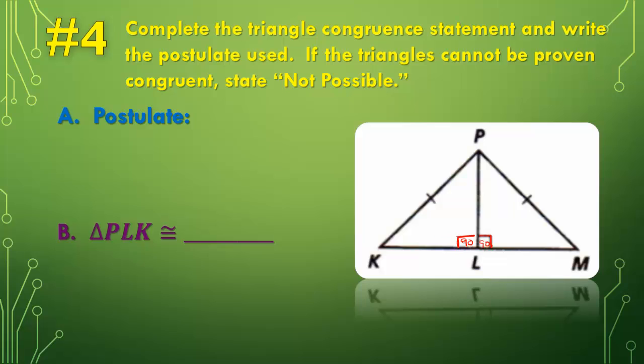So now we have two right triangles, and their hypotenuses, the two segments here, are congruent. And again, reflexive property says that I can say that this is congruent to itself, and that's a leg. It's a right triangle, so we can say they're congruent by hypotenuse leg, and PLK would be congruent to PLN.